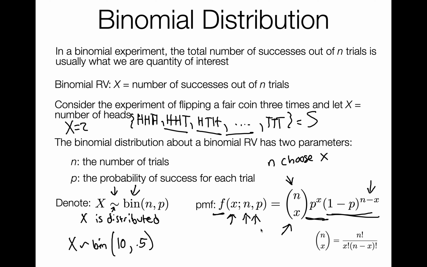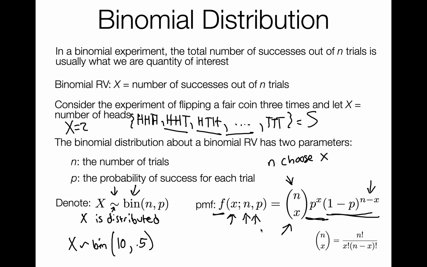That happens 3 different ways, and so we need to take that into account. That's where the n choose x comes into existence. Anyway, that was a lot of discussion. Hopefully that made it easier to understand. If not, it's fine. It's a formula that you substitute numbers in to get out probabilities.